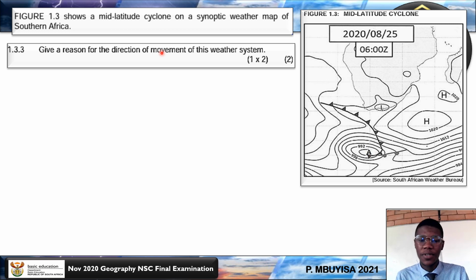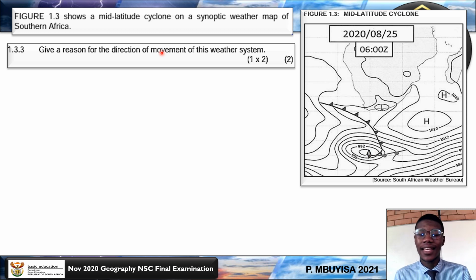The difference is that movement looks at whether it is going southwards, westwards, northwards, eastwards. Is it coming from the west going to the east? Is it coming from the east going to the west? And so on and so forth. In this case, we are saying that this system is moving from west to east.